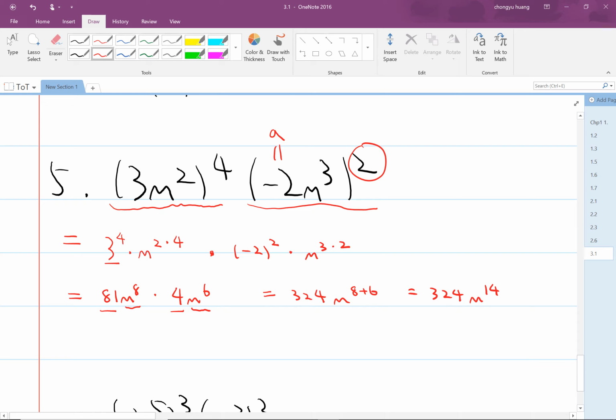So now we finish the question. I hope there's nothing confusing right now, okay? The only confusing part is maybe just this part, but I already fully explained it.